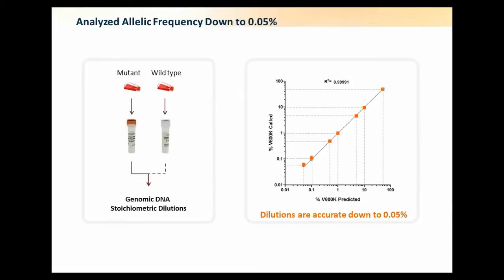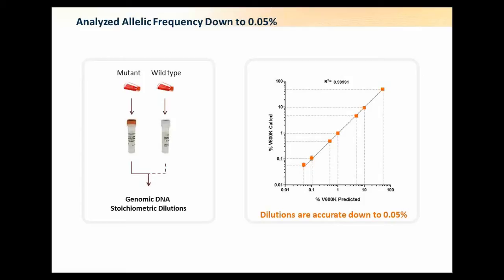So as you can see here, there are 2 ways for us to provide you with the reference standards. One way is to give you the pre-diluted standard, a mutant and a wild type, and then you can go through the process of making your own dilution.